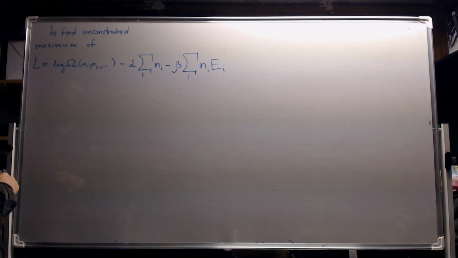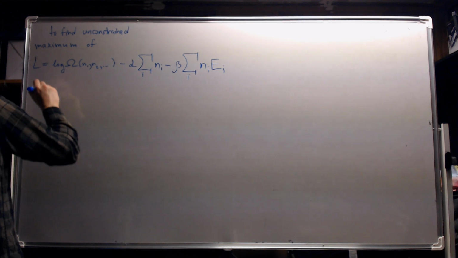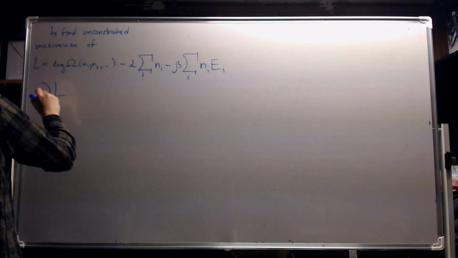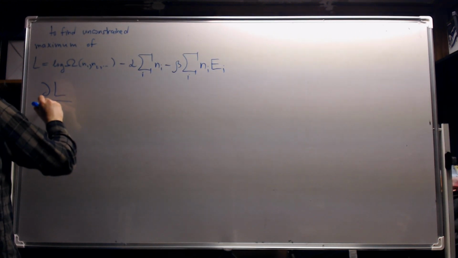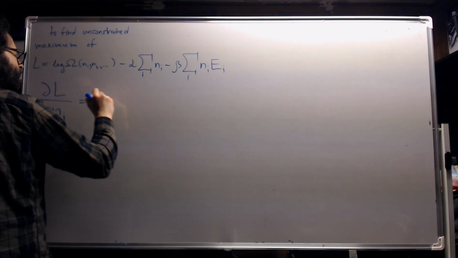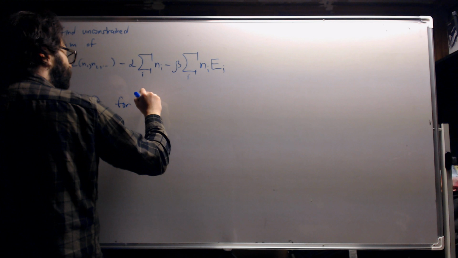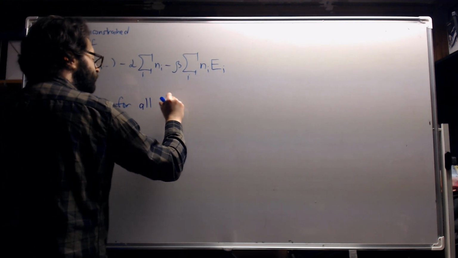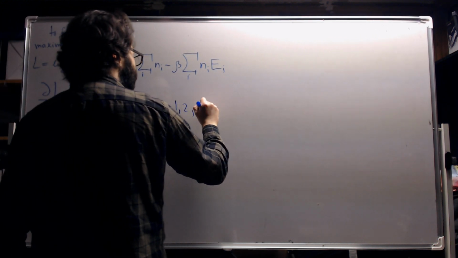To find the unconstrained maximum of this function, we have to set the partial derivatives of this L with respect to ni to 0 for all i equals 1, 2, and so on.